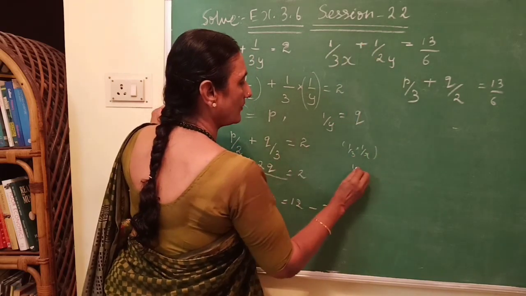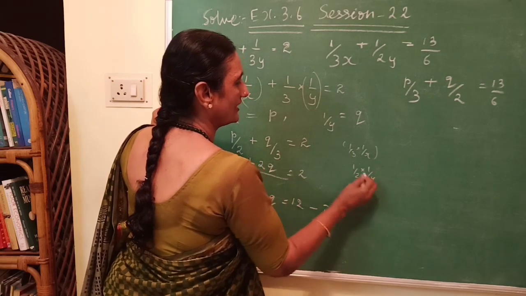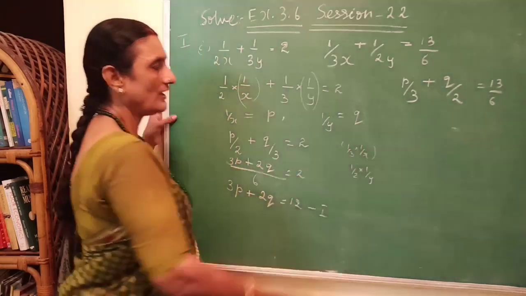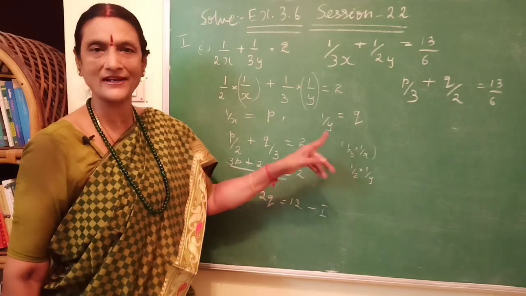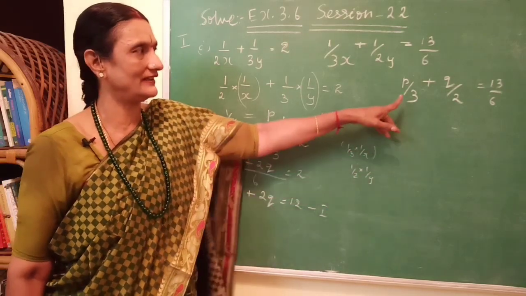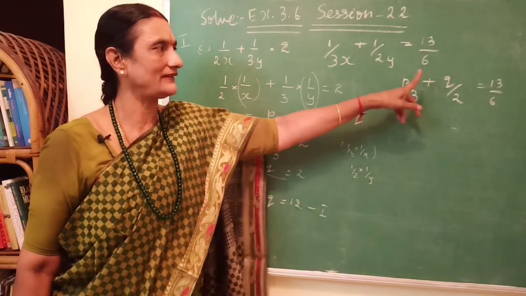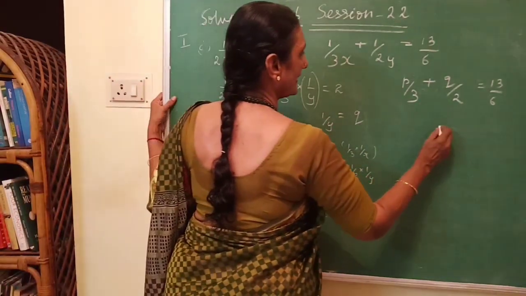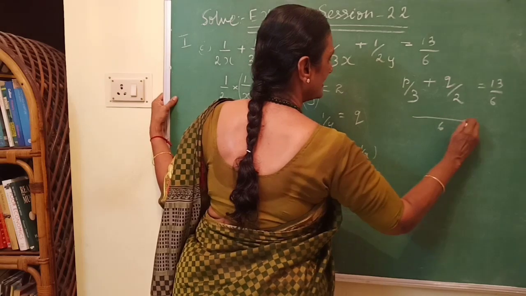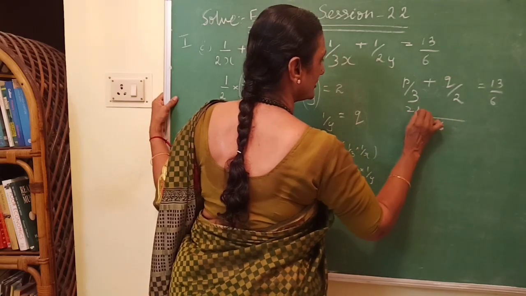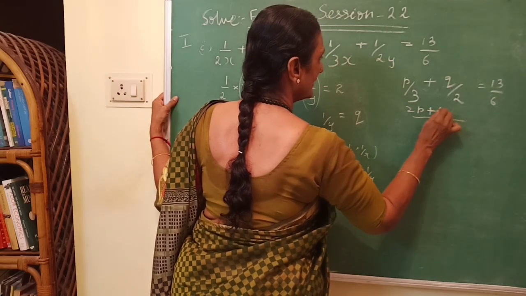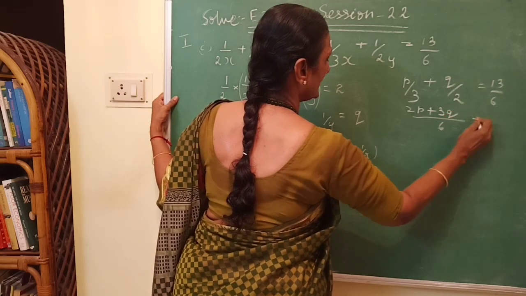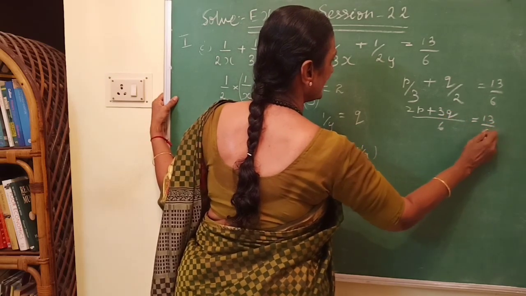And the next will be 1 by 2 into 1 by y. We have taken 1 by y as q, therefore that has become q by 2. So, this is what I have done here. So, I have got p by 3 plus q by 2 is equal to 13 by 6. Again, the LCM is taken to be 6.